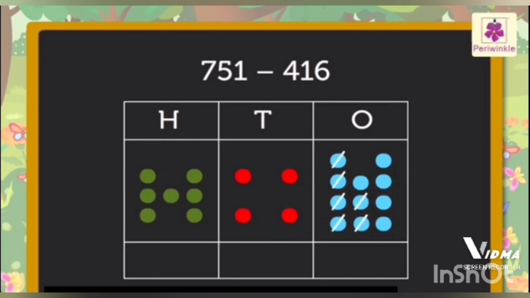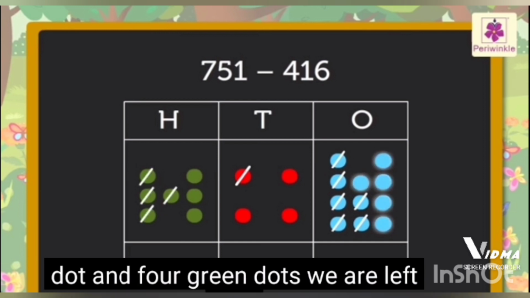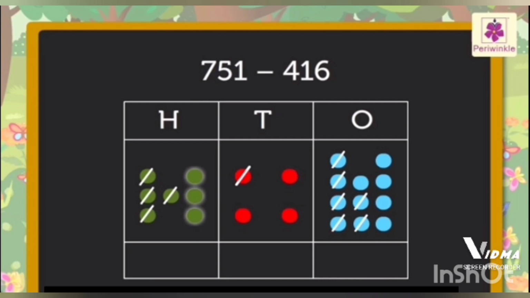Now, let us cancel 6 blue dots, 1 red dot and 4 green dots. We are left with 5 blue dots, 3 red dots and 3 green dots.